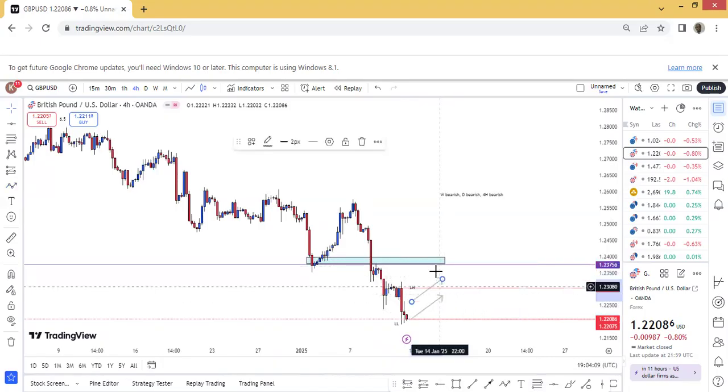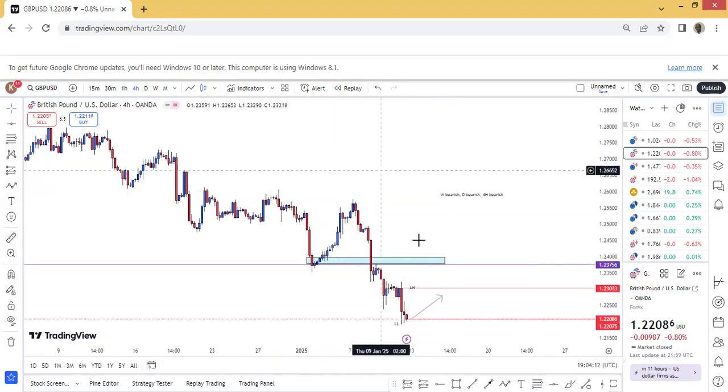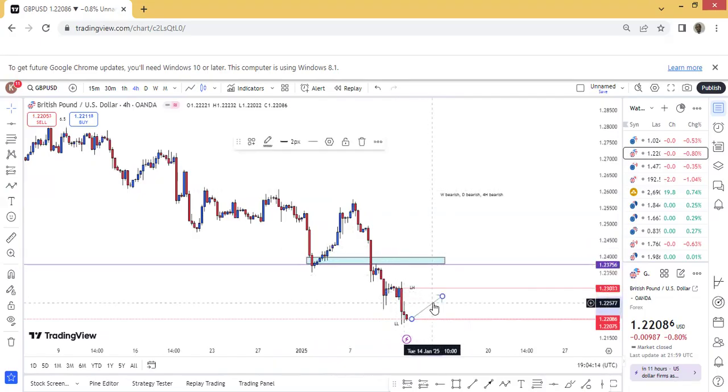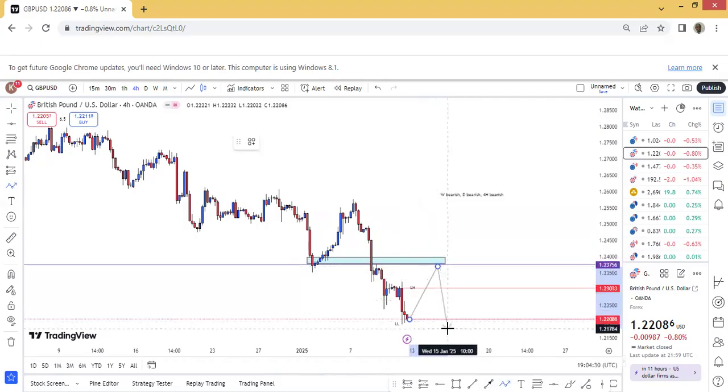Oh, why is this not responding? So I'm just expecting price to pull back here, then continue with a downward move. So that is what I'm expecting.